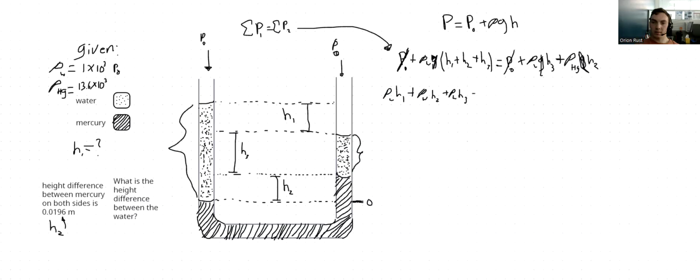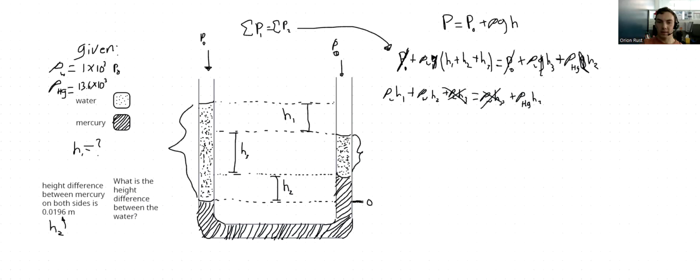And then we set it equal to this side, which is rho W H3 plus the density of mercury times H2. Essentially, we can subtract the density of water times H3 on both sides.